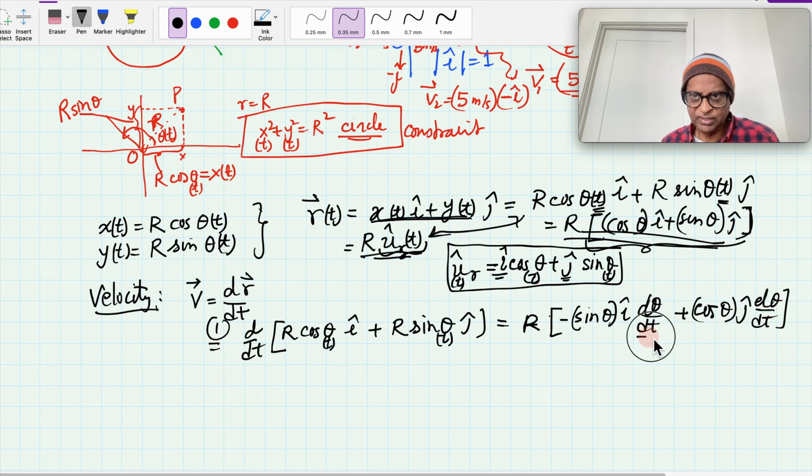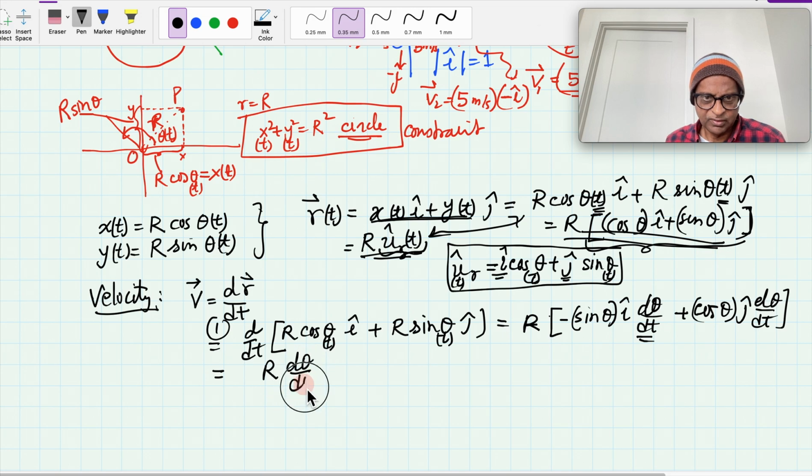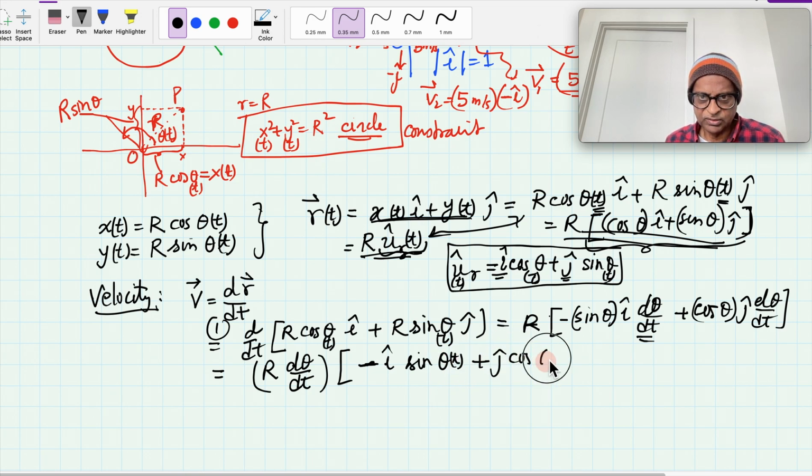So you can take the d theta dt out in front. So you get R d theta dt, and then you have minus i hat sine theta of t plus j hat cosine theta of t.